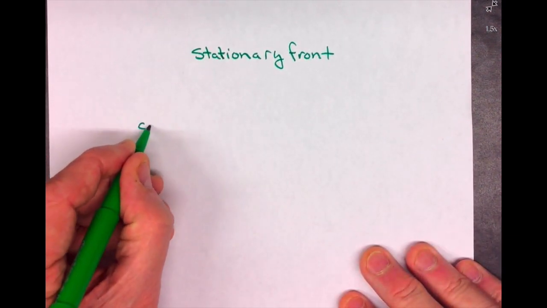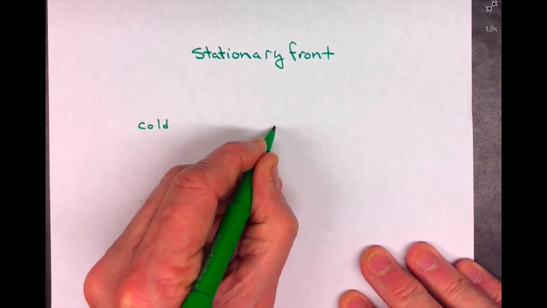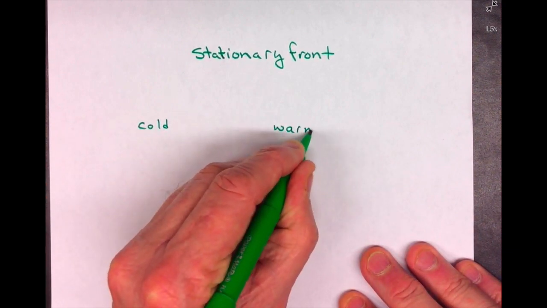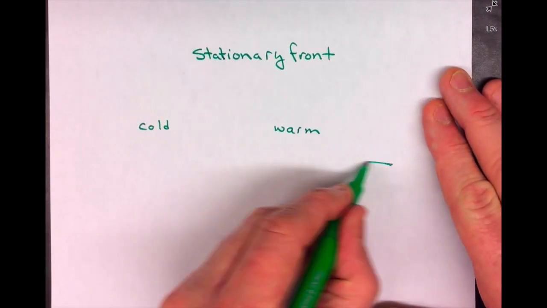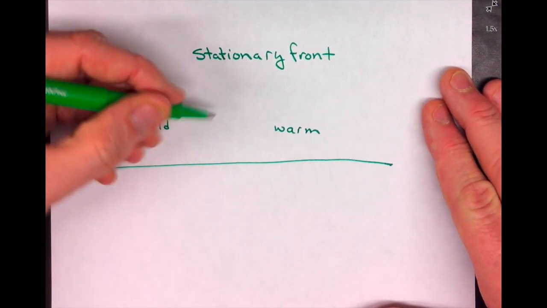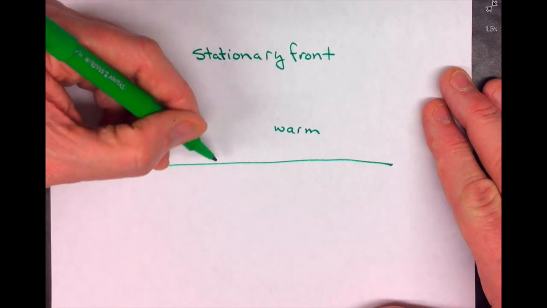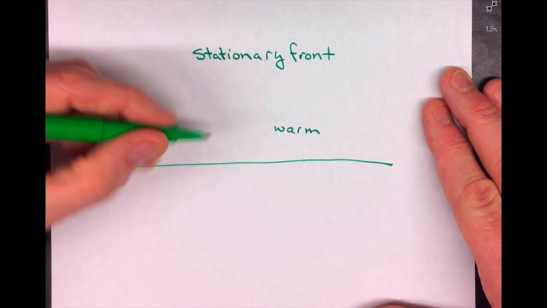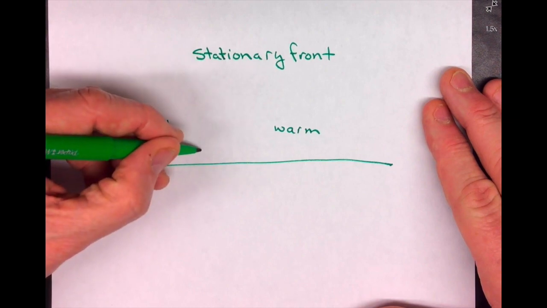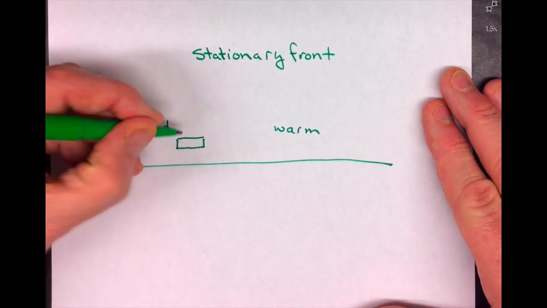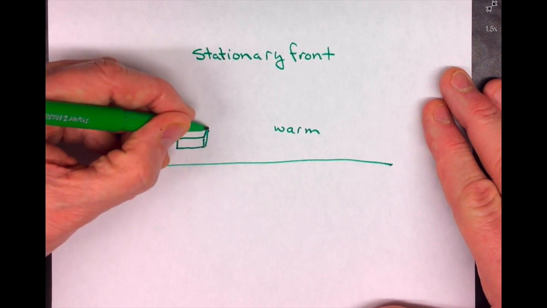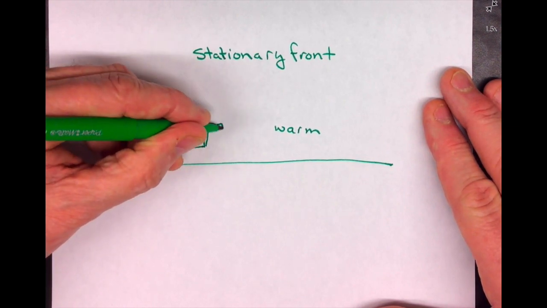Now in a stationary front, let's see if we can manage to do this. Here, let's say you have the cold air here and the warm air here. But instead of it being like a side view, we're going to try to make this more of a top view, a topographical view, where the cold air is going to be sort of going this direction, an arrow moving into the paper.